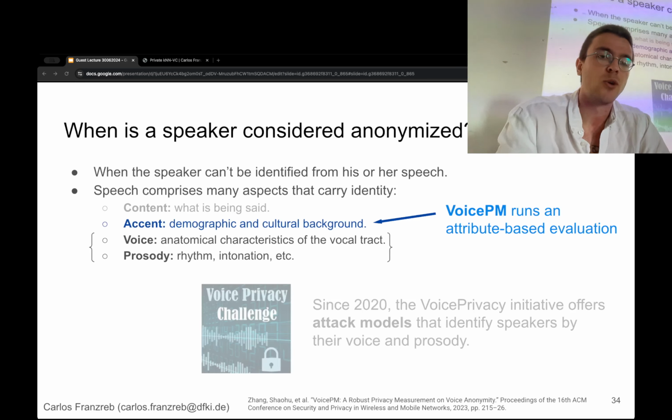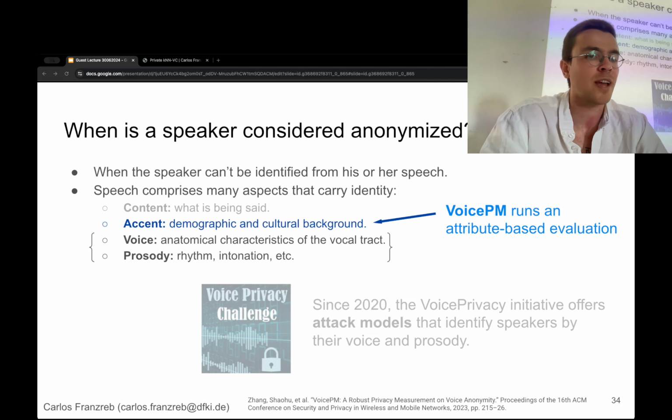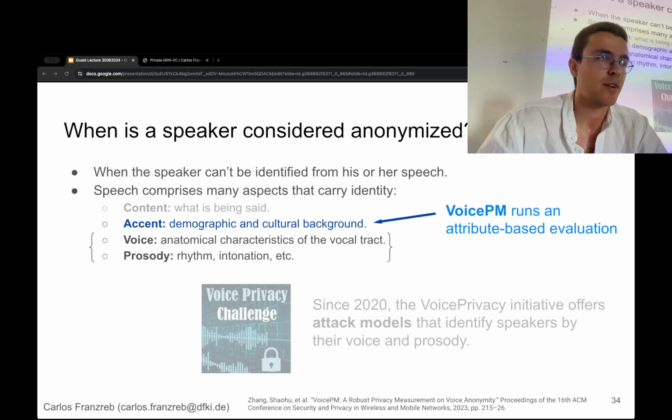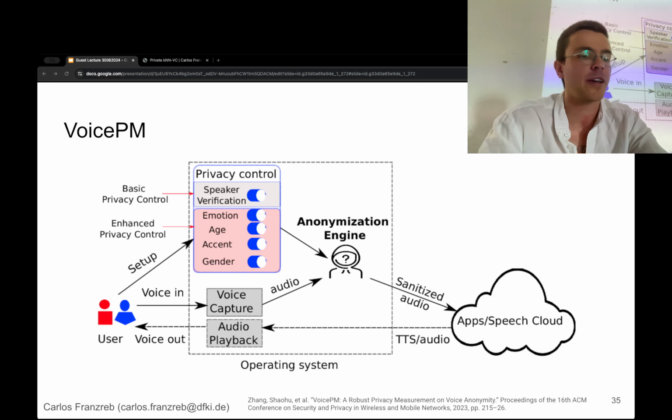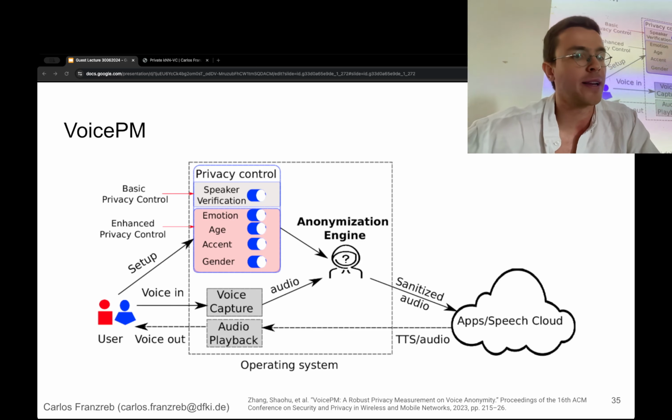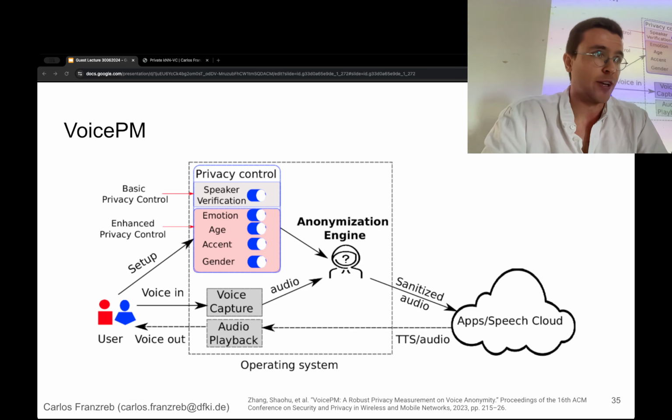They do not include the accent, mostly because the data set that they're using is not diverse in that regard. But I wanted to mention this other evaluation framework called Voice PM, which runs an evaluation based on attributes. And these attributes serve as quasi-identifiers, meaning that you can identify speakers with a combination of these attributes.